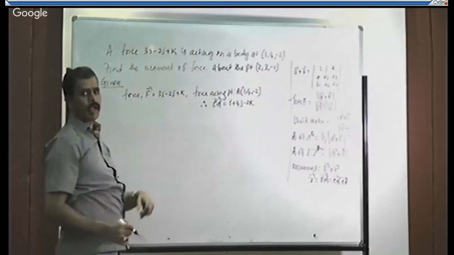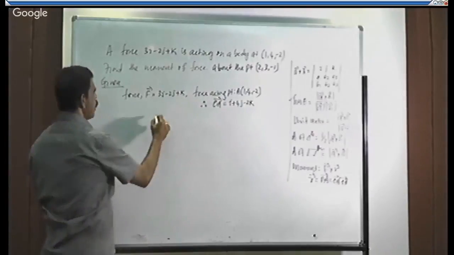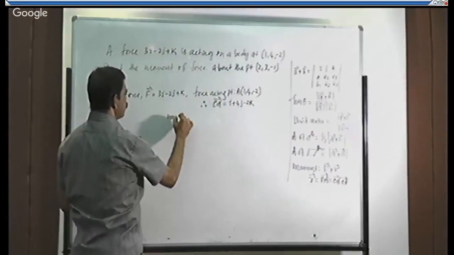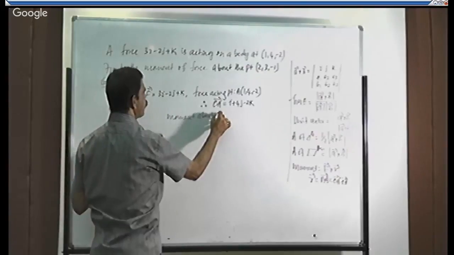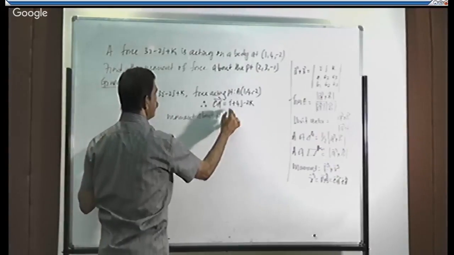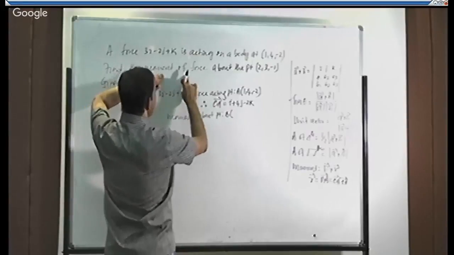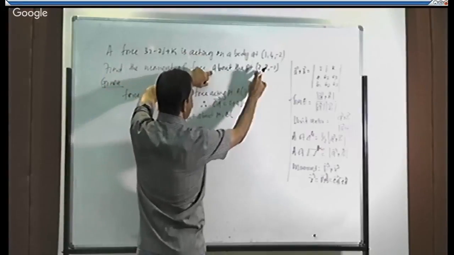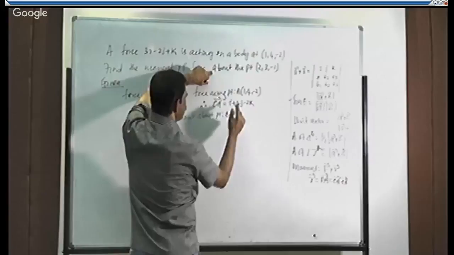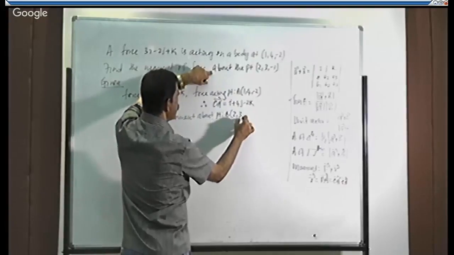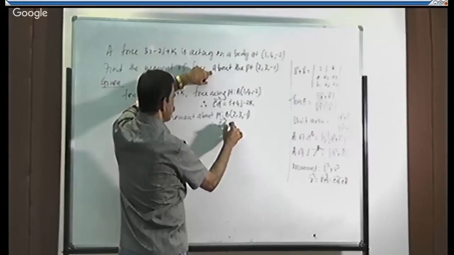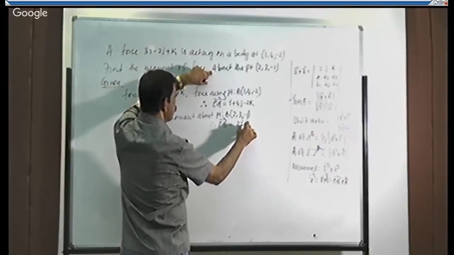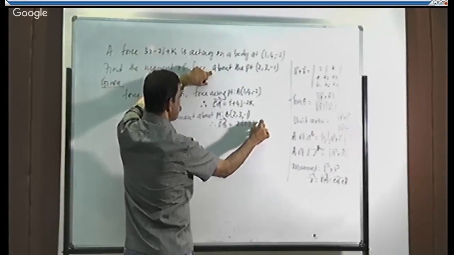Just include i, j, k. Moment about point, which is about point B. Find the moment of force about the point. So the point is considered as B, that is 2, 3, minus 1. Therefore, its position vector OB is equal to 2i plus 3j minus k.